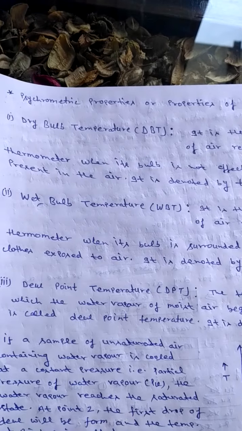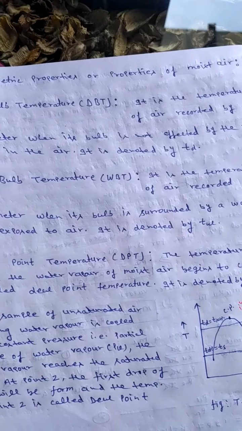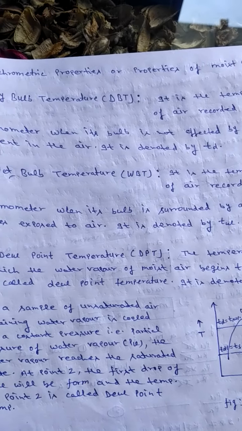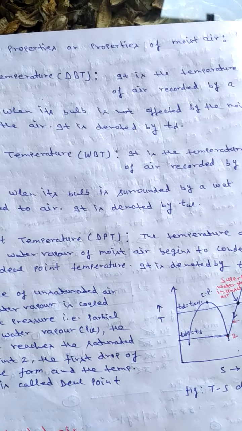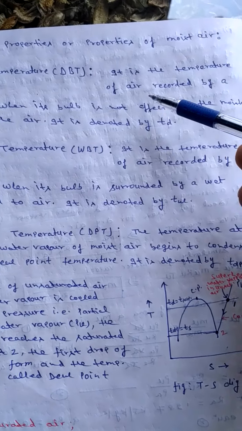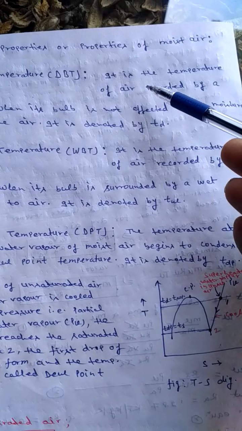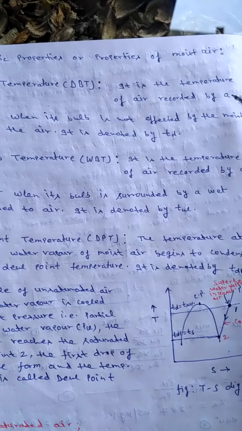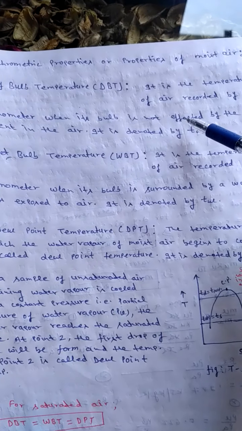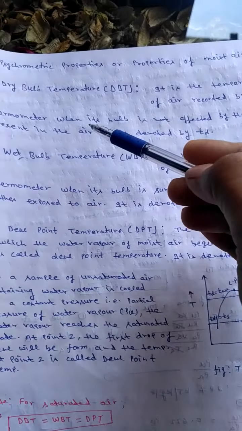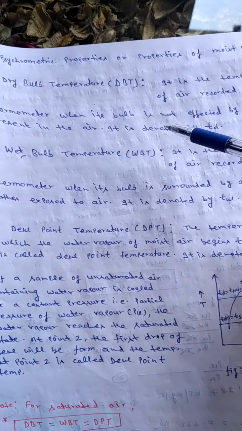Today we will discuss the psychrometric properties of moist air. The first psychrometric property is dry bulb temperature, in short DBT. It is the temperature of air recorded by a thermometer when its bulb is not affected by the moisture present in the air.